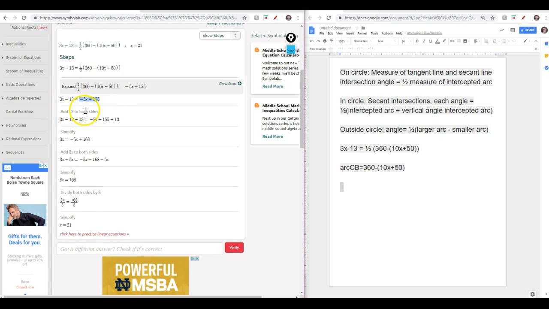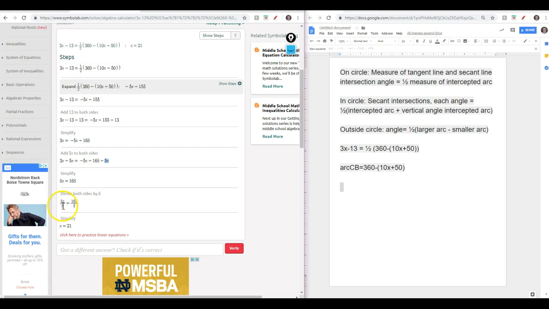And then they added 13 to both sides, so negative 13 plus 13 adds up to 0. 3x plus 0 is just 3x. So 155 plus 13 is 168. And then they added 5x to both sides. So negative 5x plus 5x is 0. So 0 plus 168 is just 168. 3x plus 5x is 8x.